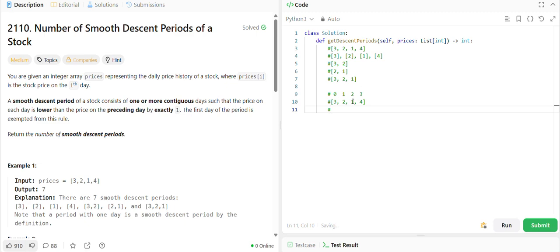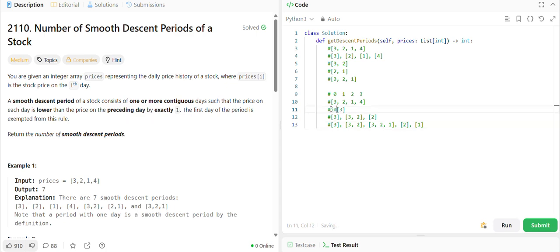So till index 0 we have only one smooth descent period, that is 3. Similarly till index 1 we have 3, 3 2, and also 2 itself is a smooth descent period. And similarly till index 2 we have 3, 3 2, 3 2 1, and 2 and 2 1 as well.